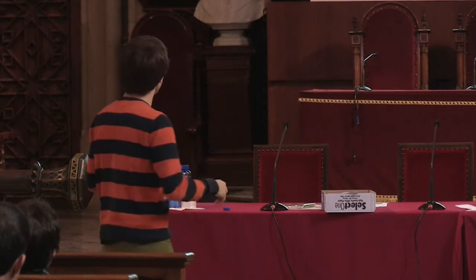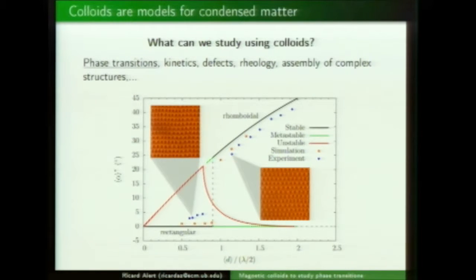And so with these colloidal particles, what can we study? Basically, colloids are excellent model systems for condensed matter, okay? And therefore, we are able to study with them any phenomenon related to condensed matter systems. The typical examples are the ones that I list here.